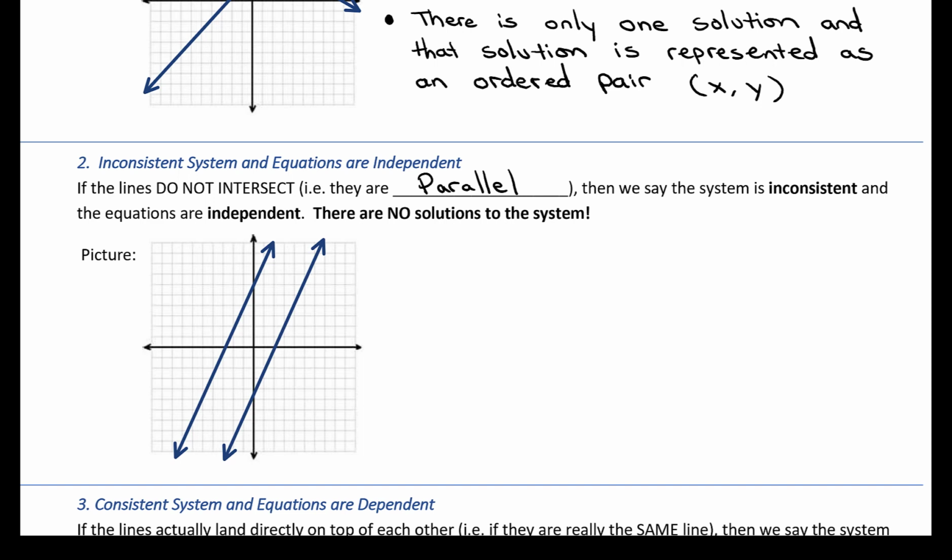So just to reiterate, we call this an inconsistent system, and the equations are independent.